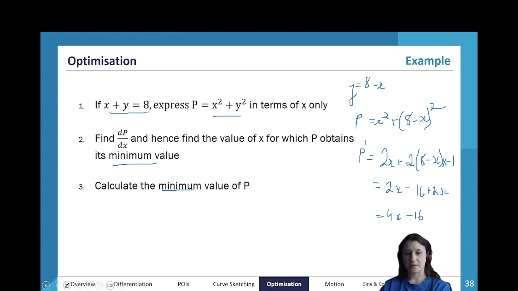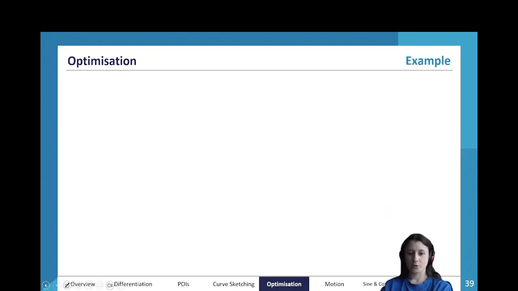Now we need to find the value of x for which p obtains its minimum value. So for that, we need to find when our derivative equals 0. So we're going to go 0 equals 4x minus 16. 16 equals 4x. x equals 4.